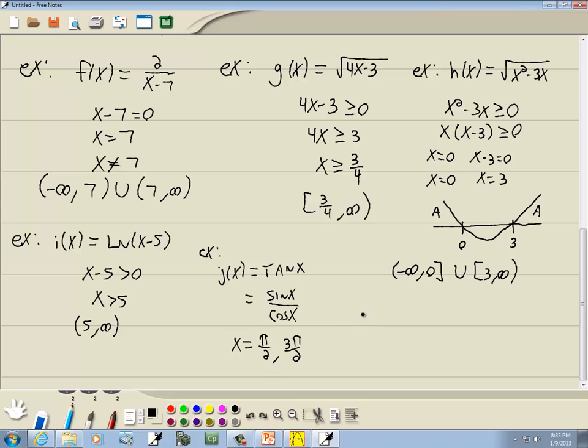Now, the book has an interesting way of writing these. What they do is they have pi n over 2, and then they have pi n plus, and for example, this is going to go from pi over 2 to 3 pi over 2. So if I have a 1 here, for example, then this would be like n plus 2 over 2.